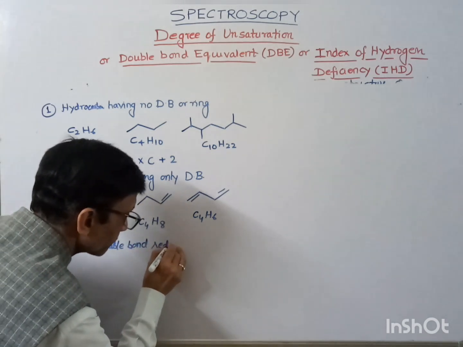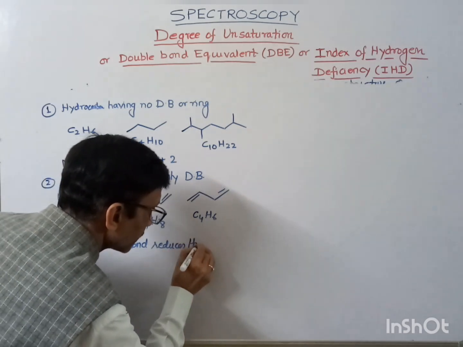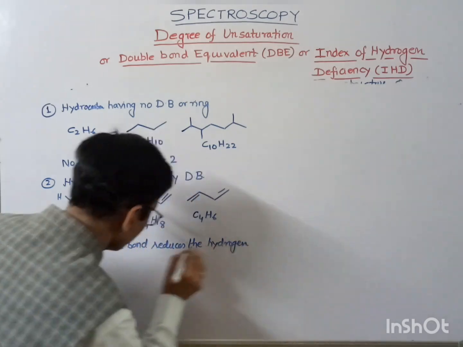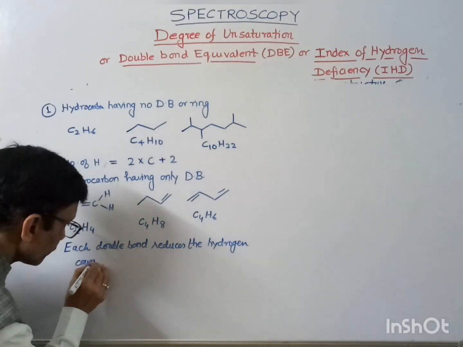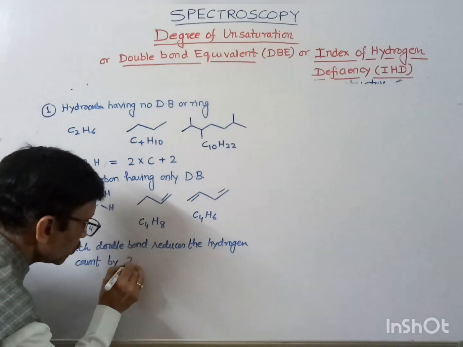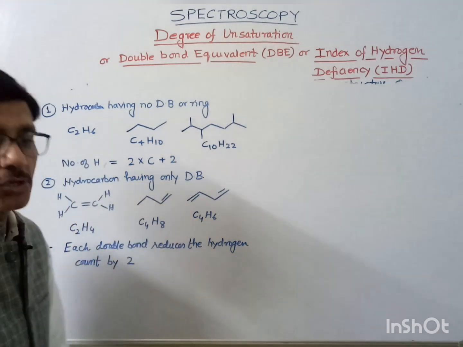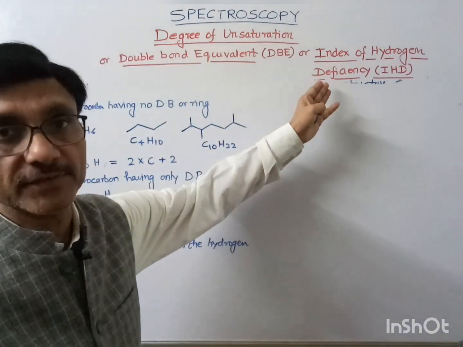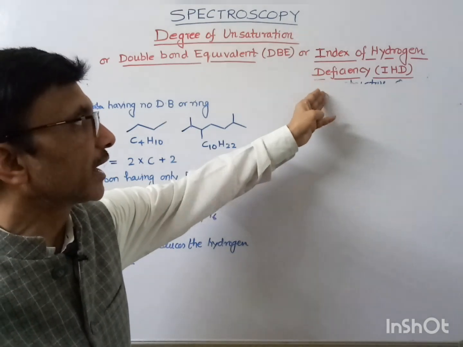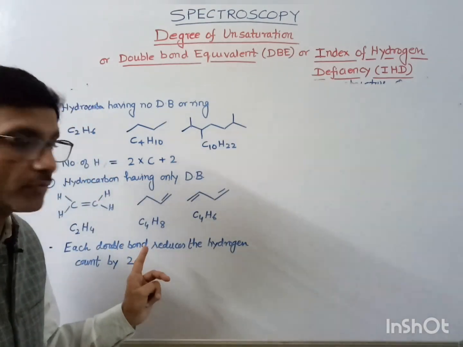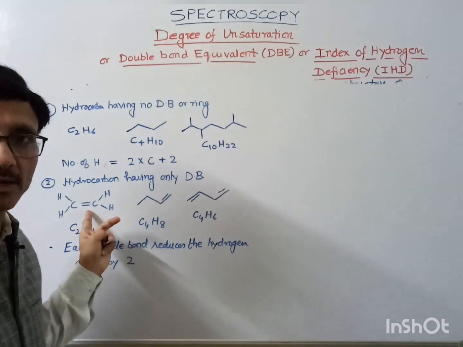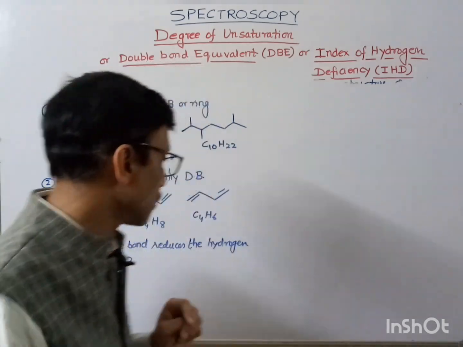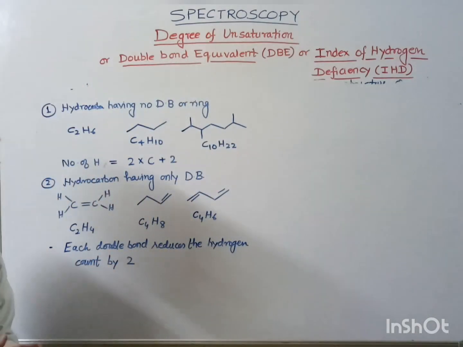This is called the hydrogen deficiency. If a double bond is present in the given hydrocarbon, then hydrogen deficiency would be there, and the hydrogen count will decrease by 2.